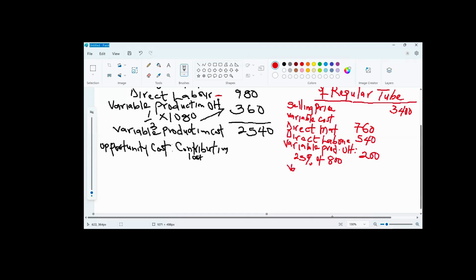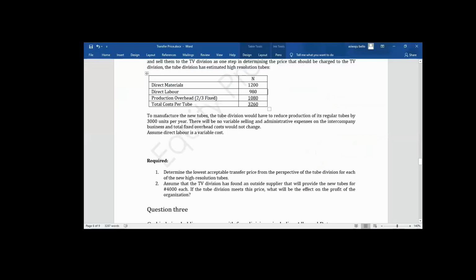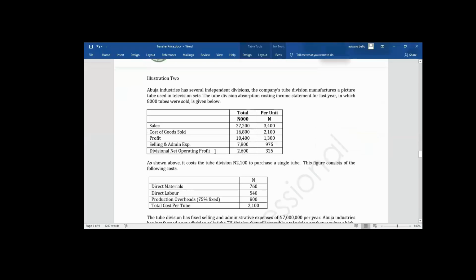Okay, that's not correct. We have variable selling and admin. You must always watch out for the hidden information in your question. Go back to the question. Selling and admin expense, 7.8 million.